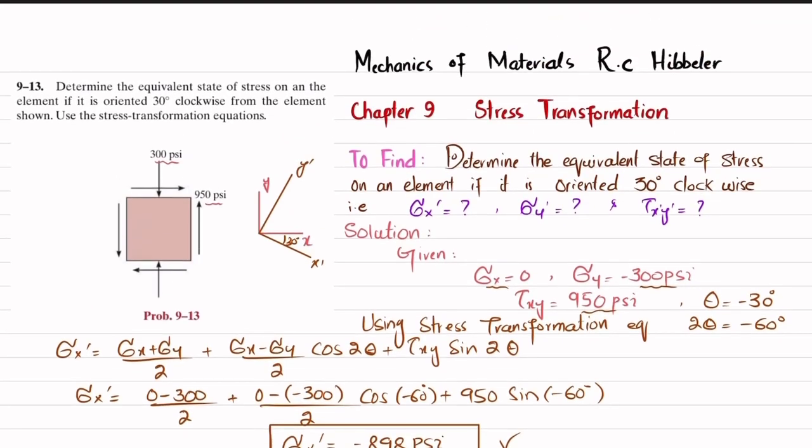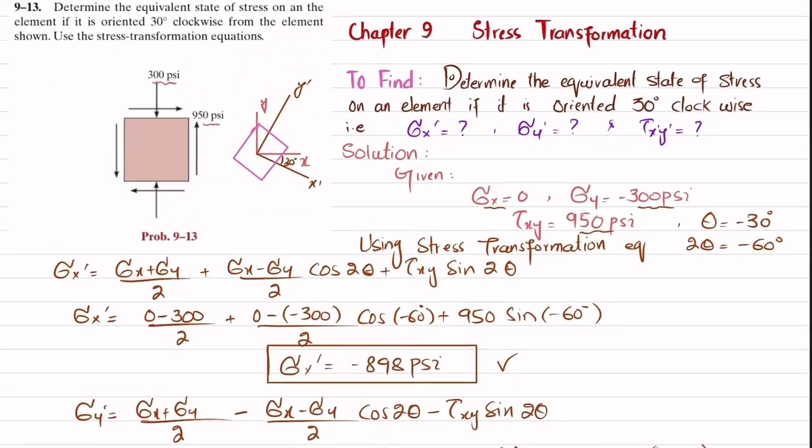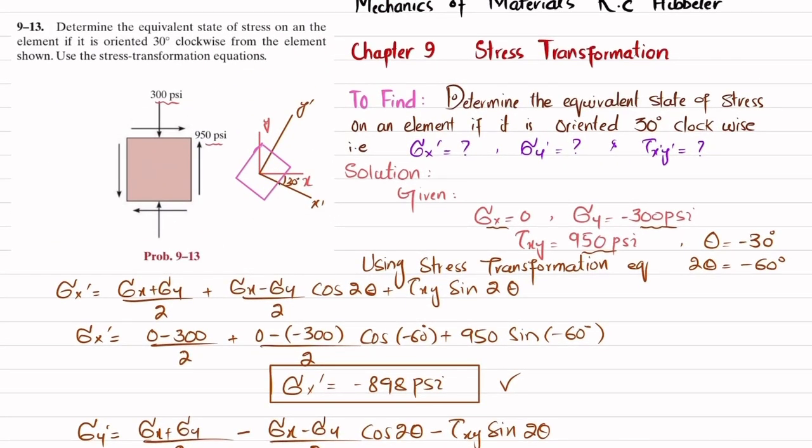So you have sigma x dash, which is negative, sigma y dash is positive, and tau of x dash y dash is also positive. If you want to represent this on the element when it is rotated 30 degrees clockwise, it will be like this. Let this was the element. Clear? So you can see sigma x dash is minus 898, so it will be compressive and perpendicular.